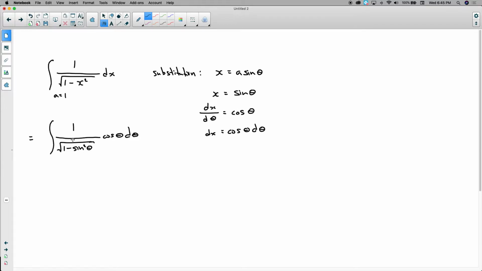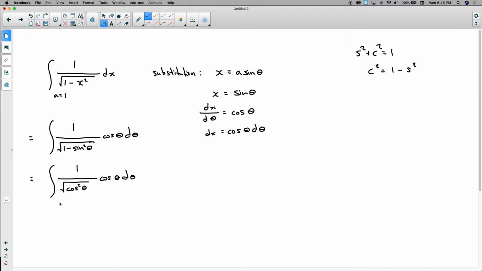And I think you can probably see what's going on, but by one of the Pythagorean identities, 1 minus sine squared is cosine squared. This falls into the category of please tell me you remember that. Sine squared plus cosine squared equals 1. So 1 minus sine squared is cosine squared.